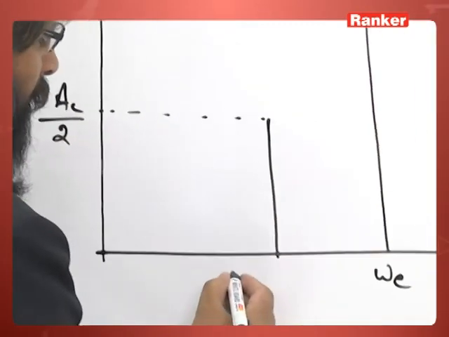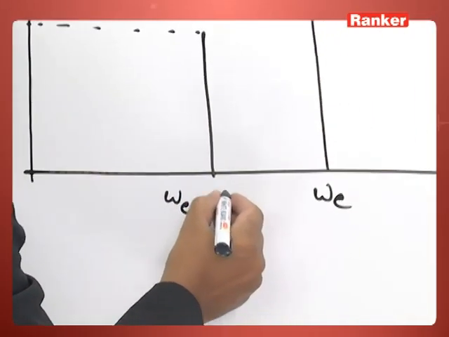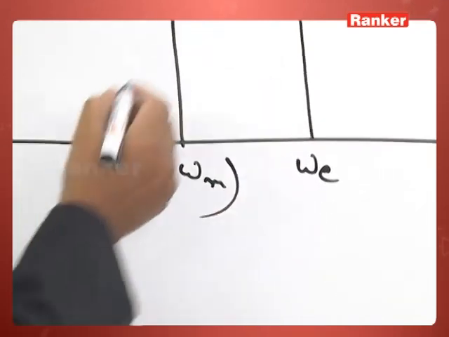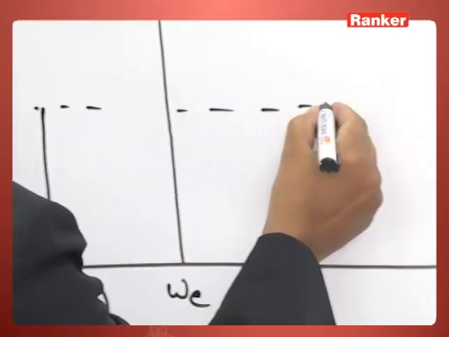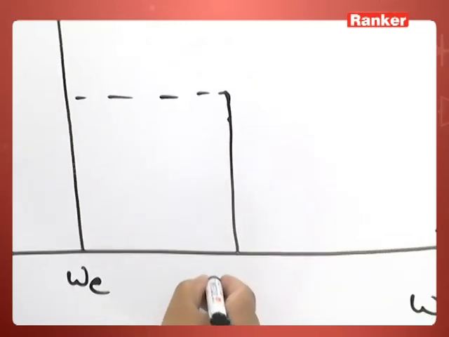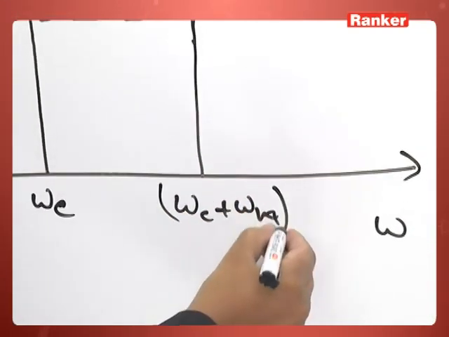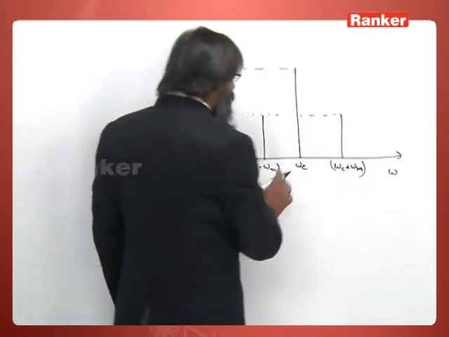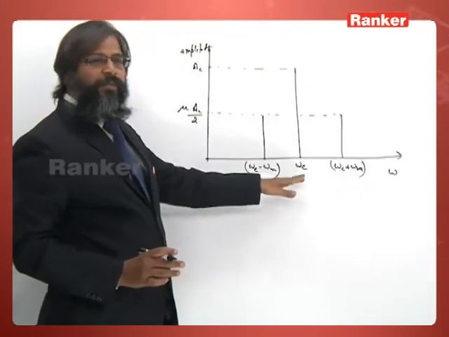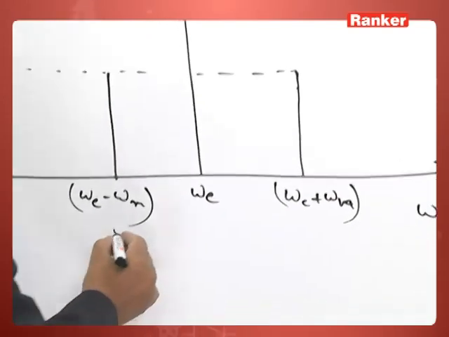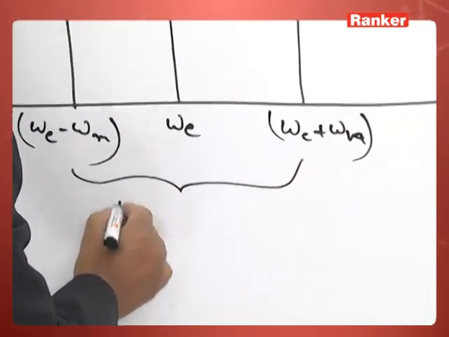The lower side band is at ω_C minus ω_M and this is ω_C plus ω_M, the higher side band. So apart from the carrier frequency, we have 2 other bands, and the total spread will be the bandwidth of the signal.